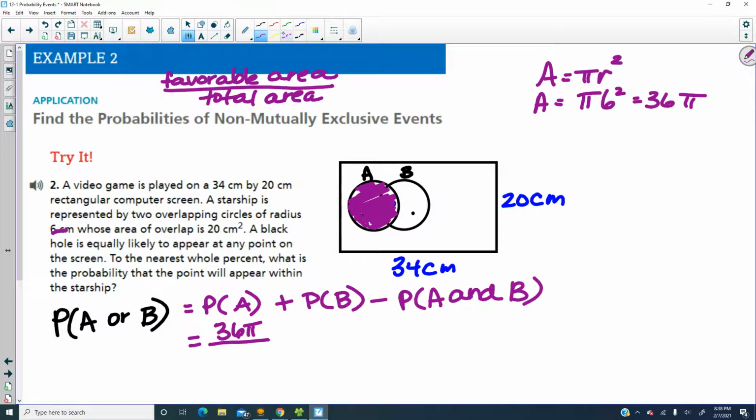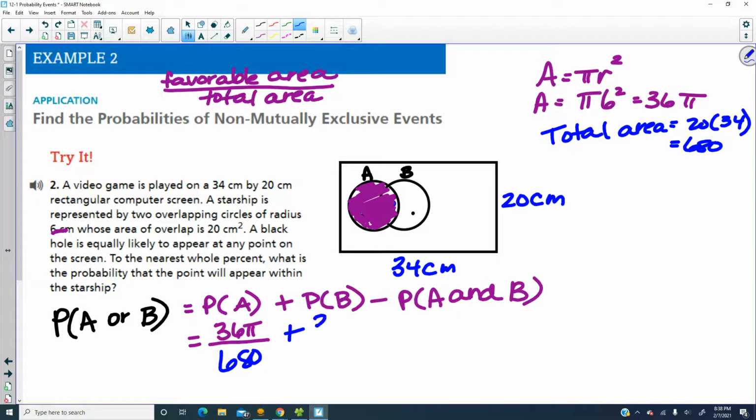The total area is the area of the rectangle, which would be 20 times 34, and 20 times 34 is 680. Plus, circle B has the same radius, so I can say 36 pi over 680, minus, now I need to find the probability of A and B. I need that area of overlap.